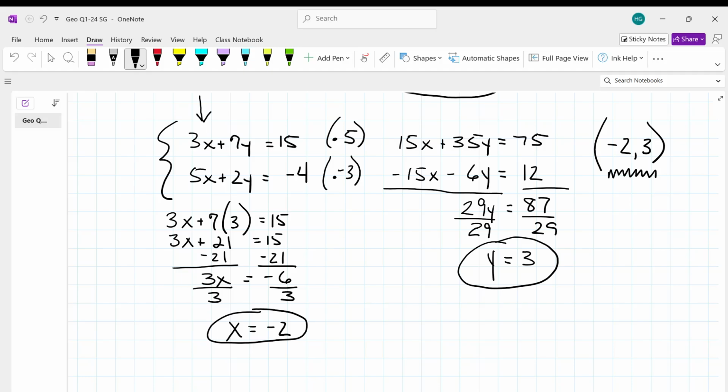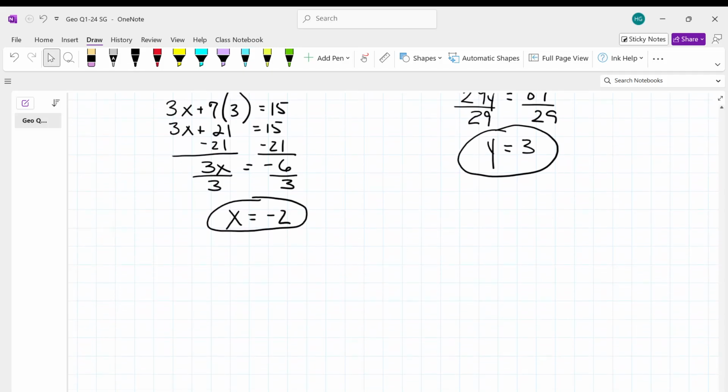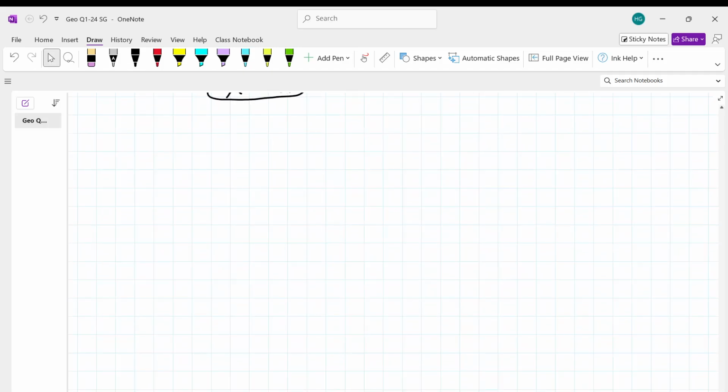All right, so let's do one more of those equations where we have to kind of manipulate a little bit. Let's solve for 2x plus 7y equals 4, and 3x plus 5y is equal to negative 5.